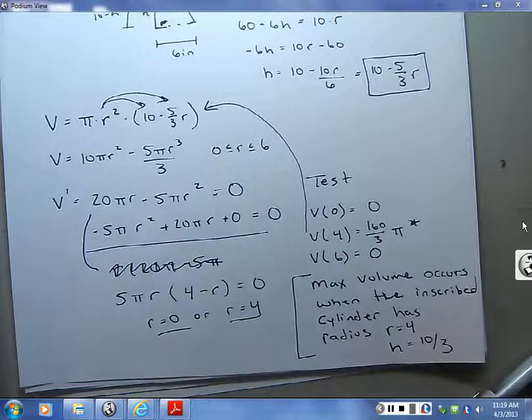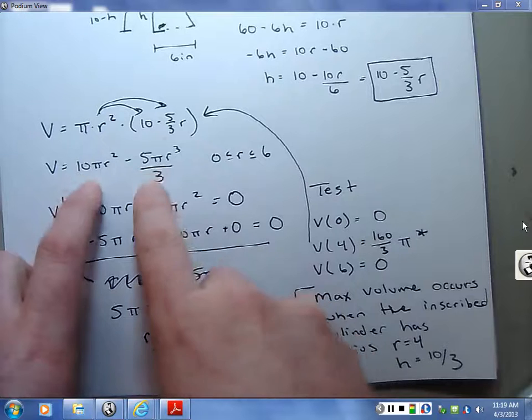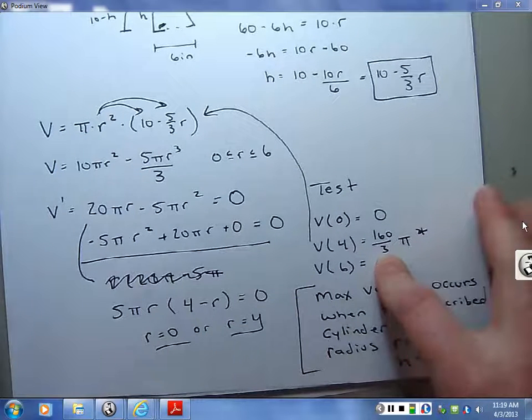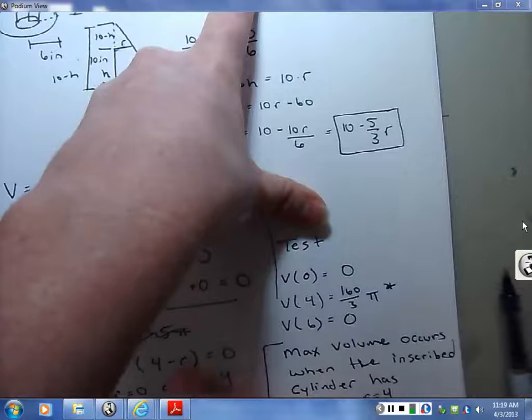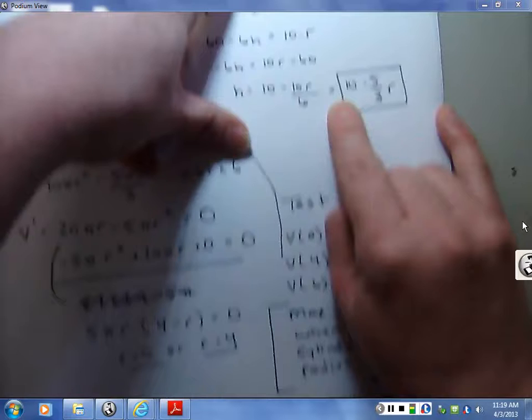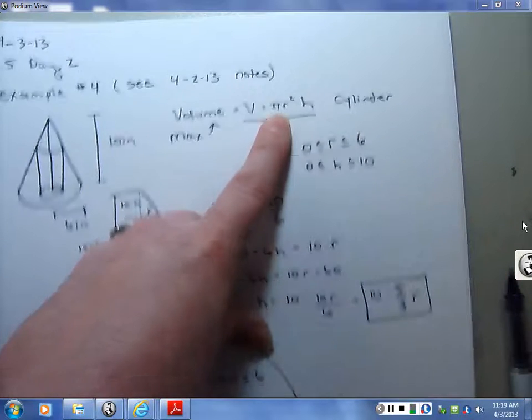So we have to plug it into the one that you factored? You don't have to. You have two options to find the volume. You can go back to the original volume problem, and if r is 4, you can plug 4 back into the h equation to find h, and then plug in r is 4 and h is 10 over 3 and get your volume.